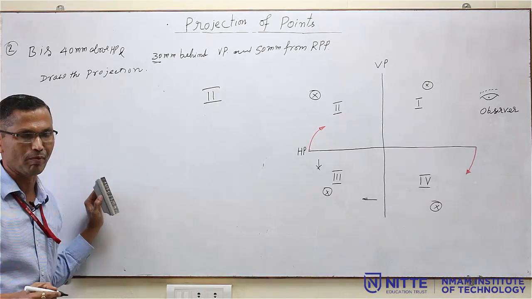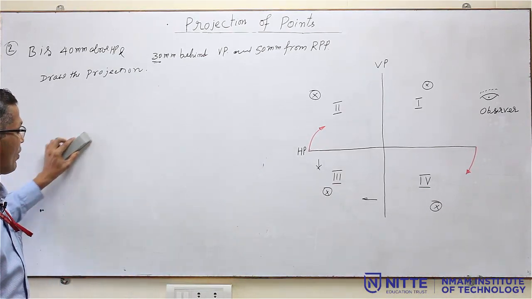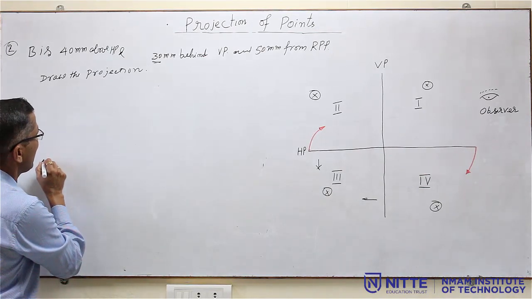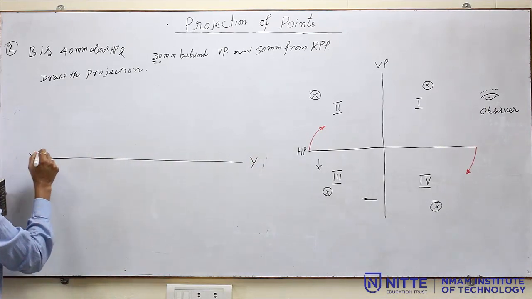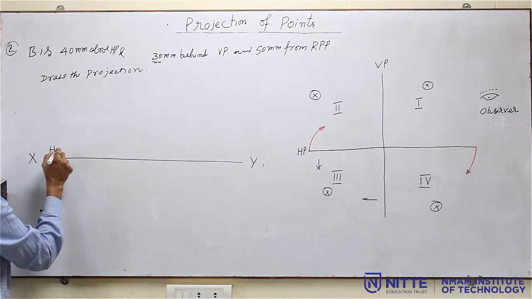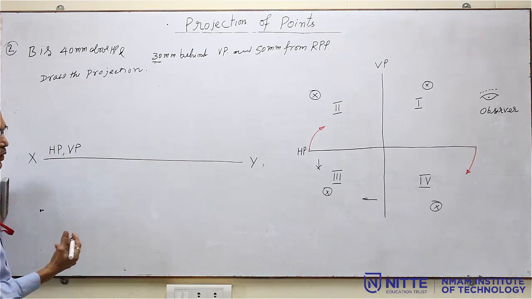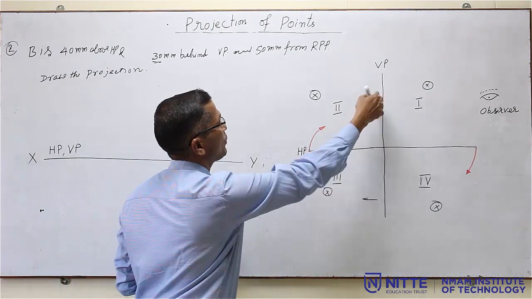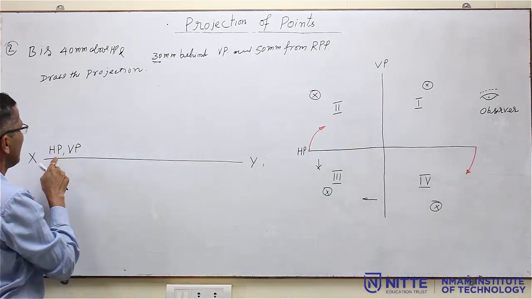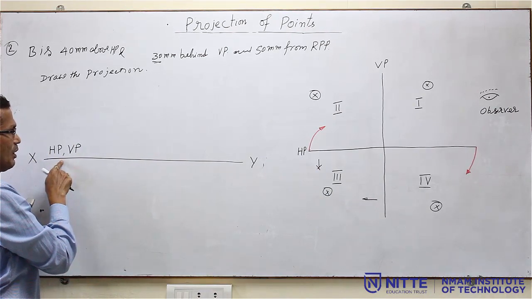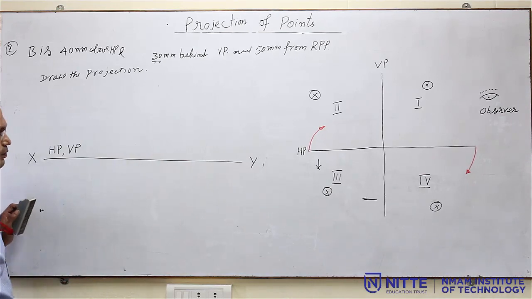So, that is the first step. After this, you have to prepare the quadrant system for the second quadrant. Draw an XY line, then HP and VP both are above the line because we have rotated the HP. So, VP is already here, HP also will go above the line. So, that is how the quadrant system for the second quadrant is, everything is above the XY line.